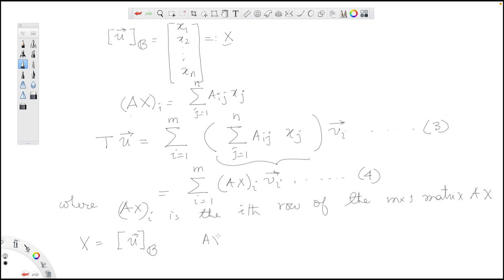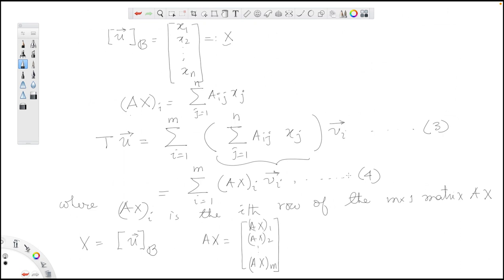So what is this vector Ax? It is (Ax)_1, (Ax)_2, all the way down to (Ax)_m. Ax is an m-component column vector, right?